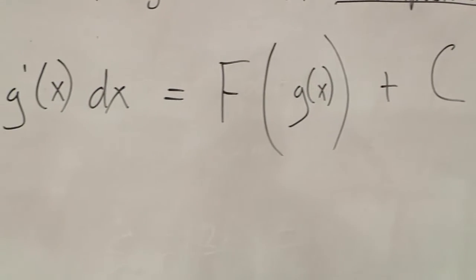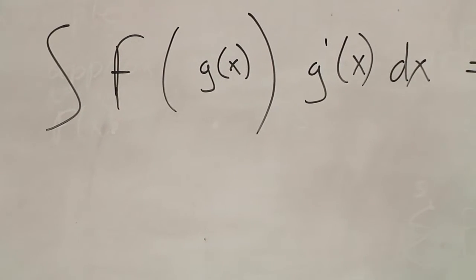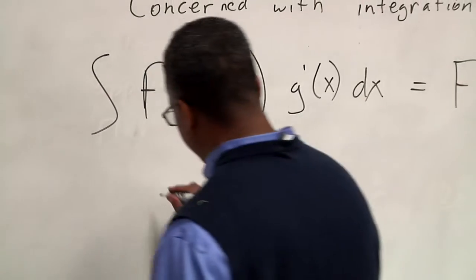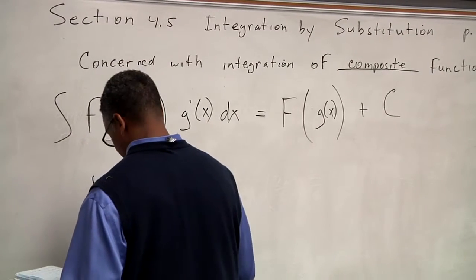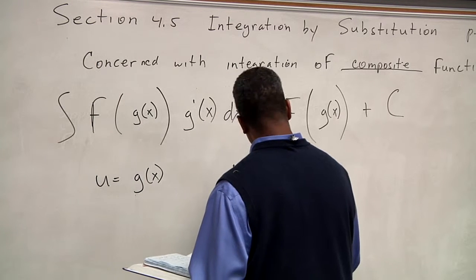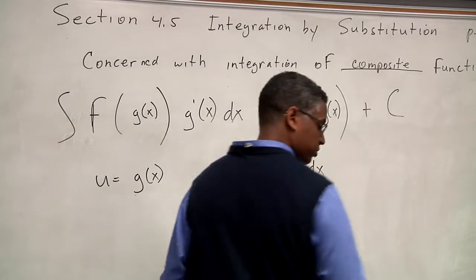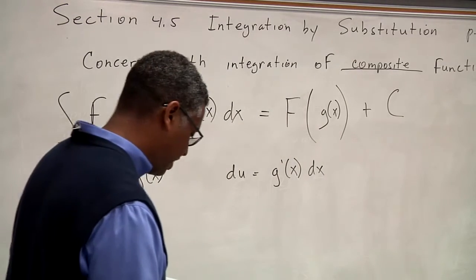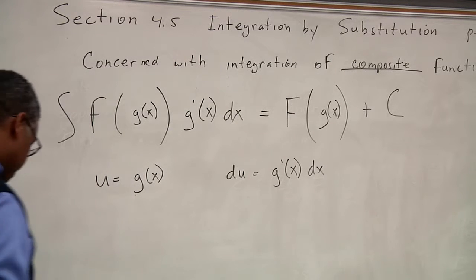Okay? Now, to make the notation a little bit easier to read, we're going to do some substitutions. We're going to say u equals g of x and du equals g prime of x dx, okay? What you'll see is if I do that substitution on the next line, the notation will be a lot cleaner to read.